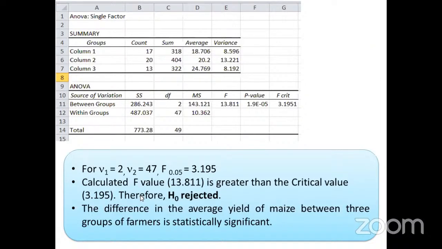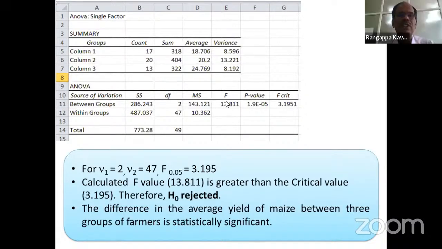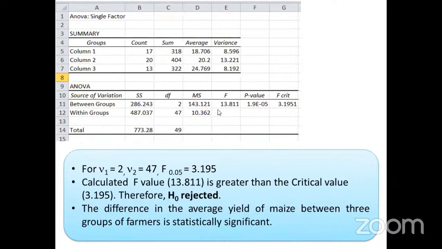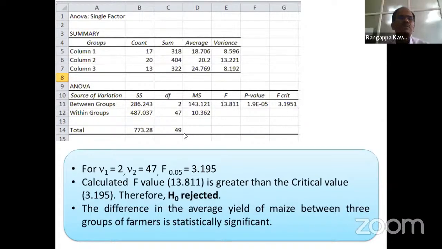The calculated value is 13.811. If you consult the table for 2 and 47 degrees of freedom, the table value at 5% level of significance is 3.1951. Since the calculated value is greater than the table value, we are rejecting the null hypothesis.